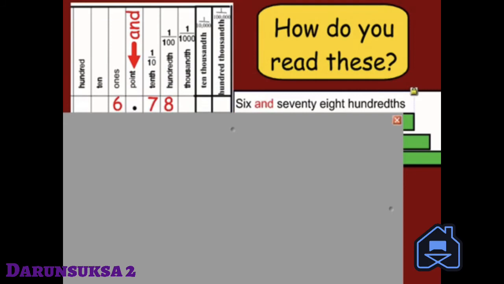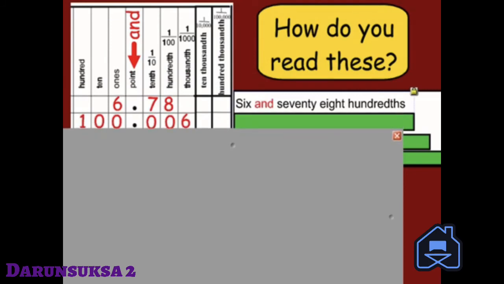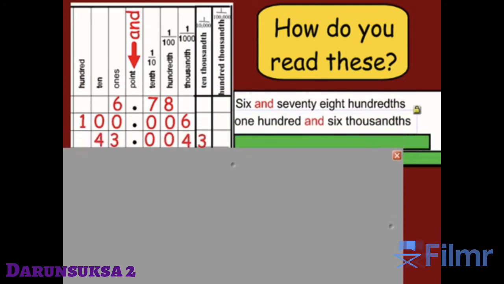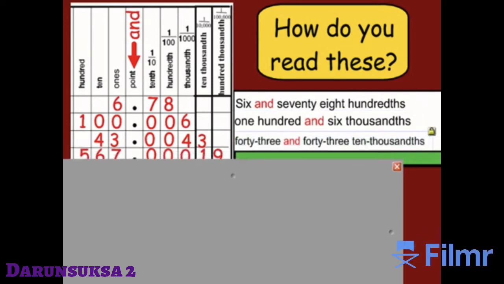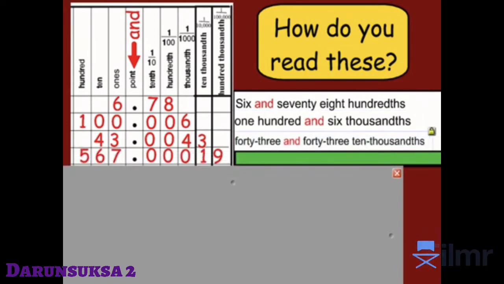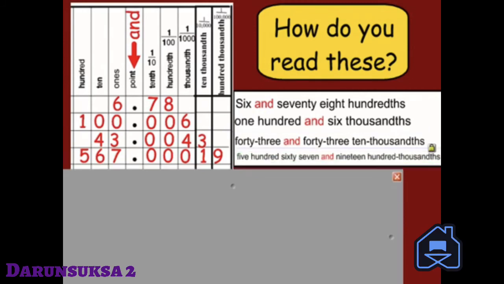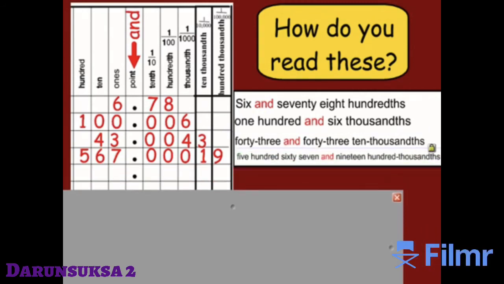Our next example would be 100 and 6 thousandths, 43 and 43 10,000ths, 567 and 19 hundred-thousandths. So when you hear the word and, that's telling you that there's a decimal point there.